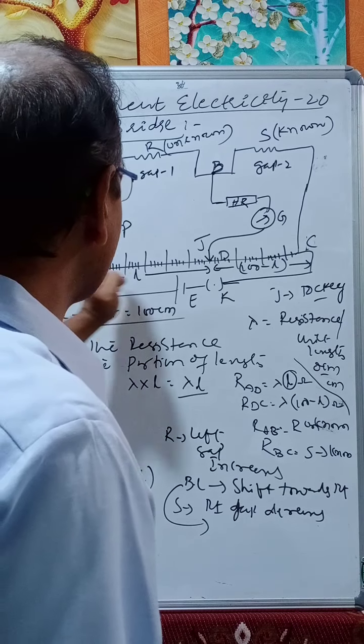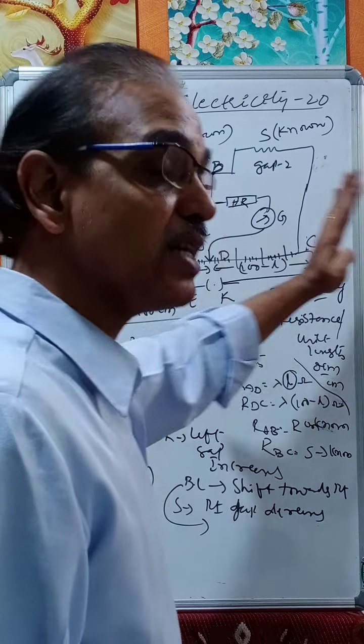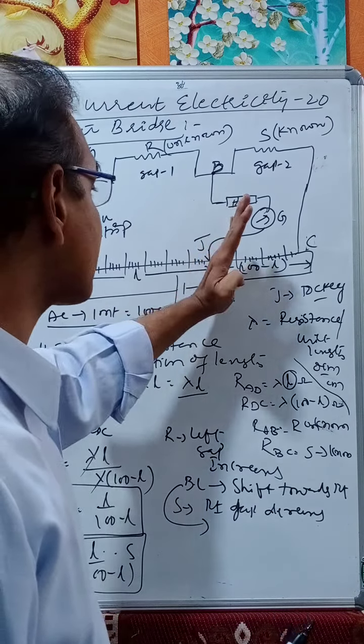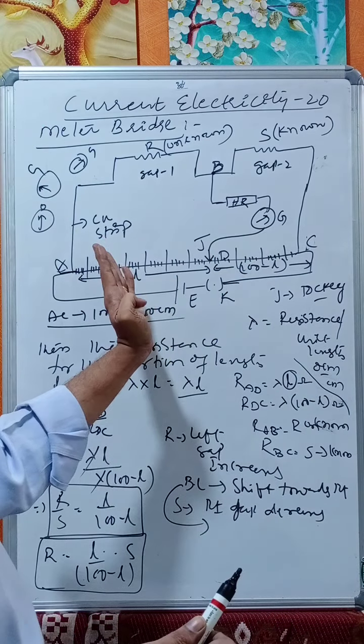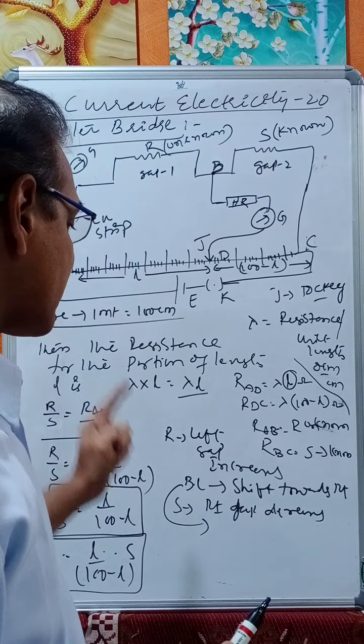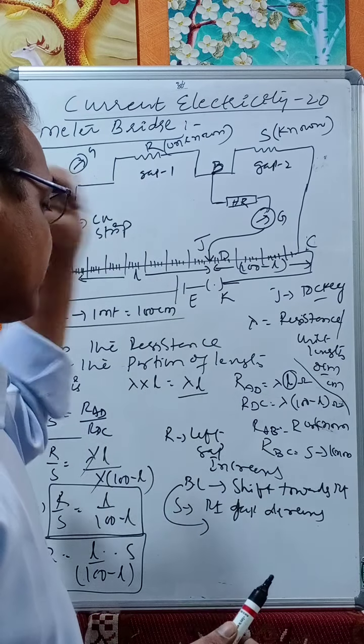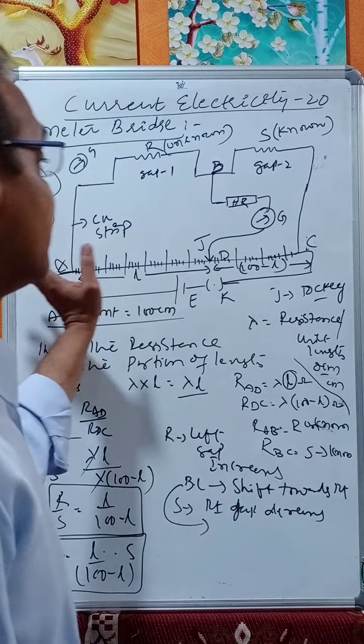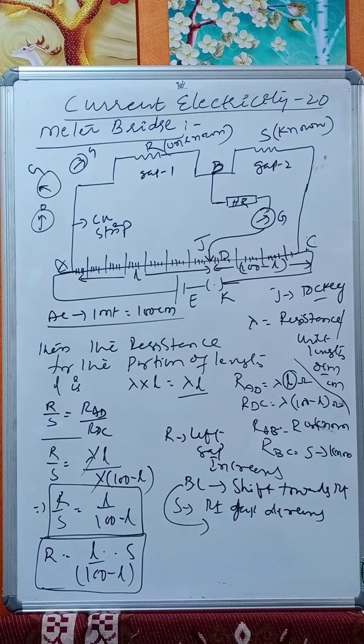Initially if it is 50, then it becomes maybe 60, so the balancing length increases, and the other length decreases. So this is the first inference.